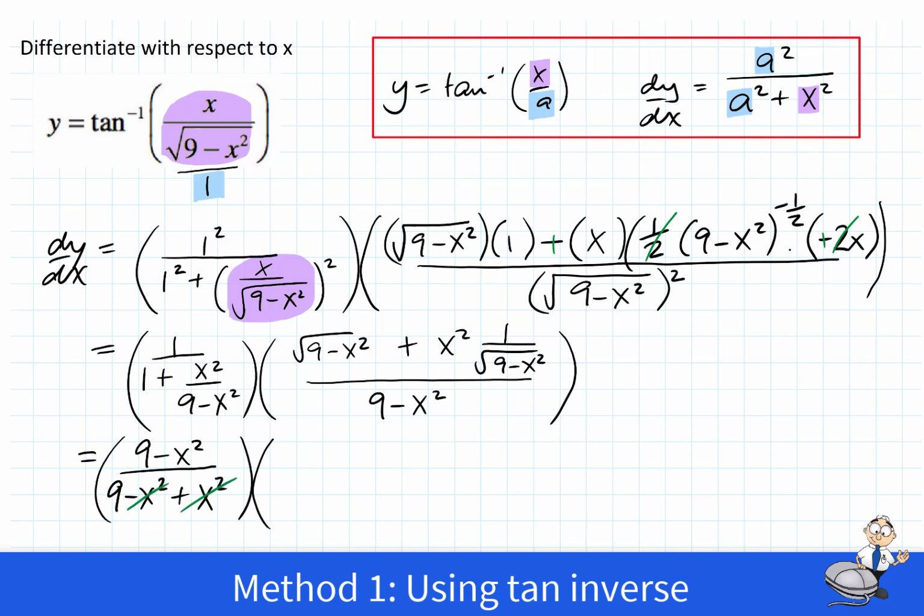In the second fraction here, the numerator, I want to add these two fractions, so I'm going to multiply the first of these by the square root of 9 minus x squared above and below to give a common denominator as the square root of 9 minus x squared.